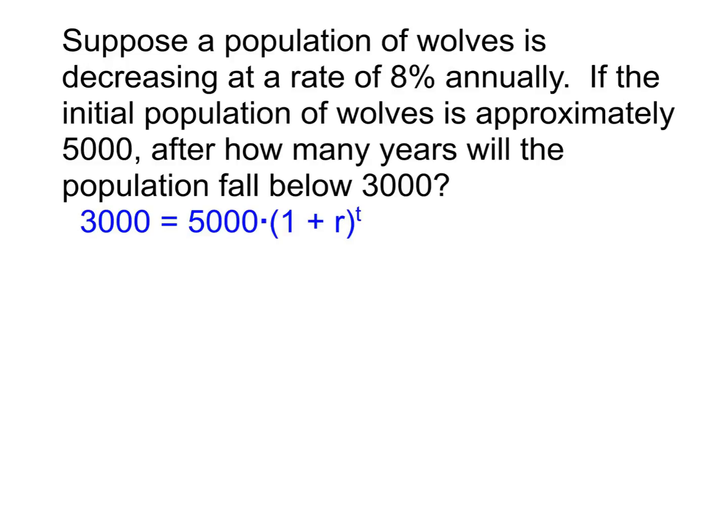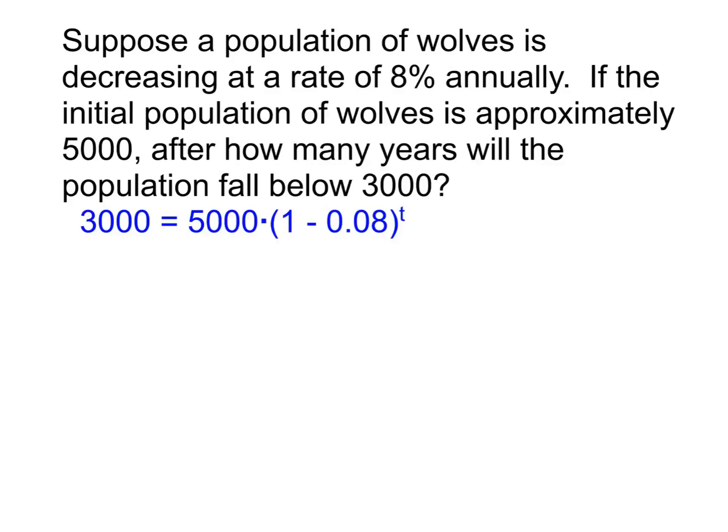So I need to turn that into a decimal, so that would be divided by 100 is 0.08. But I'm not actually going to do 1 plus 0.08 in this case, though, am I? We're decreasing by 8%. Therefore, it becomes 1 minus 0.08. And then it's to the power of t because, remember, t is what I do not know. So it's got to just be to the power of t now.